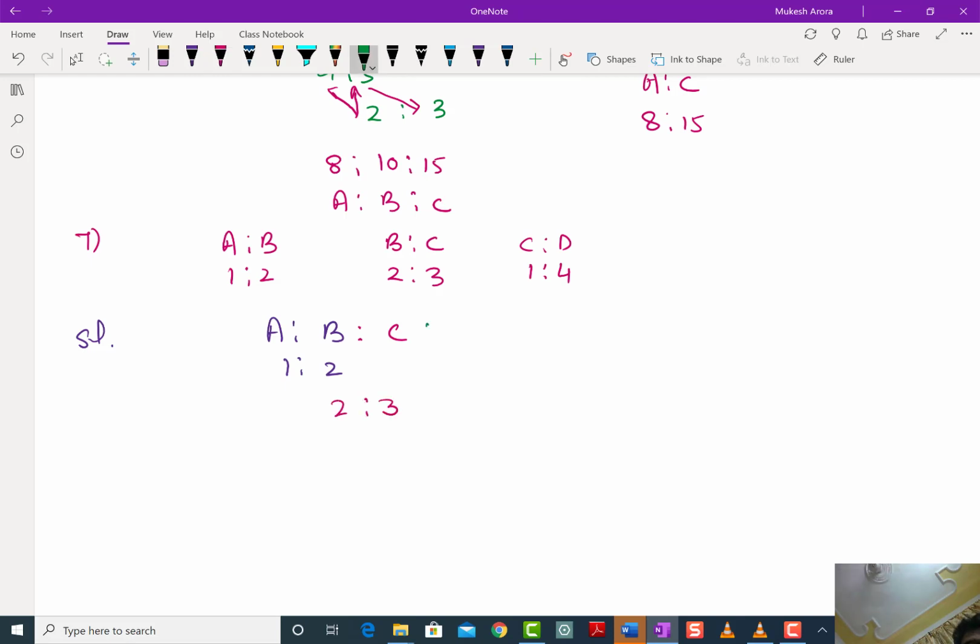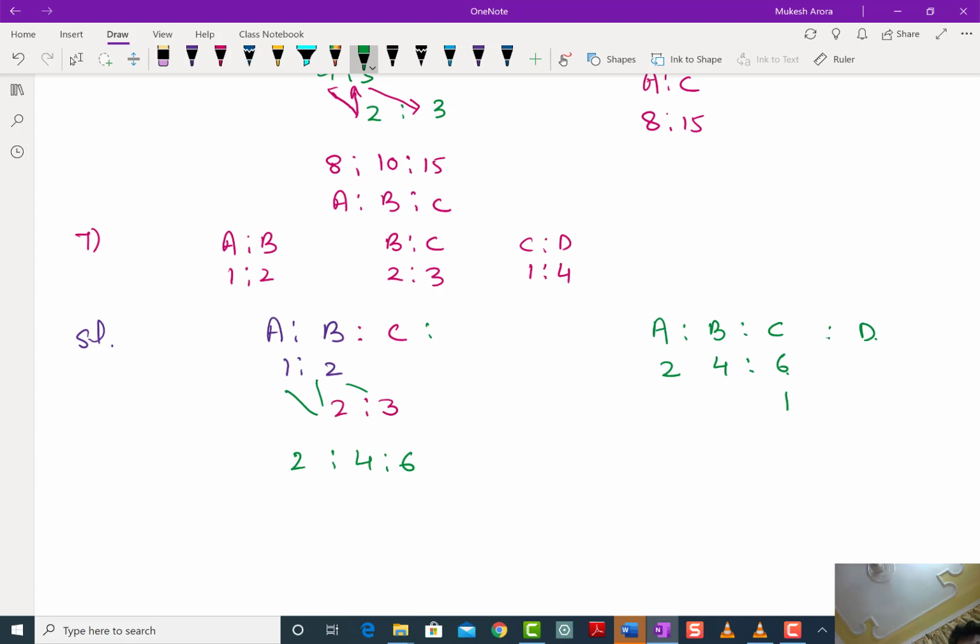And then we write D, D will be again downward. First of all we'll find this only. So multiply this and this. This will be 2 ratio 4 ratio 6. So A ratio B ratio C will be 2 ratio 4 ratio 6, and then ratio D.